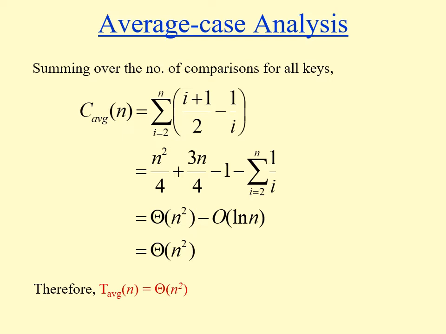So we get the complexity is theta of n square. That means the average case is also n square. So the worst case and the average case both have the same complexity, which is n square.